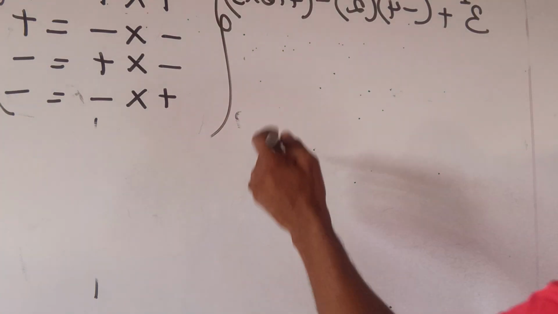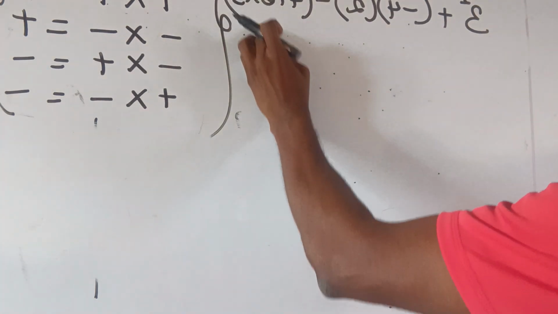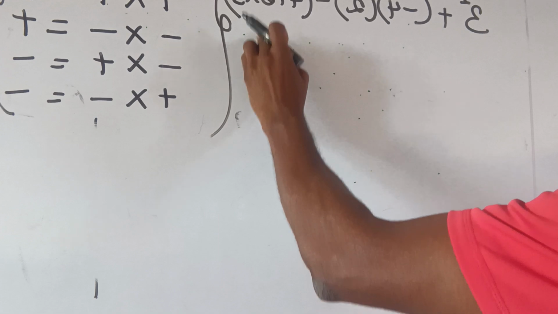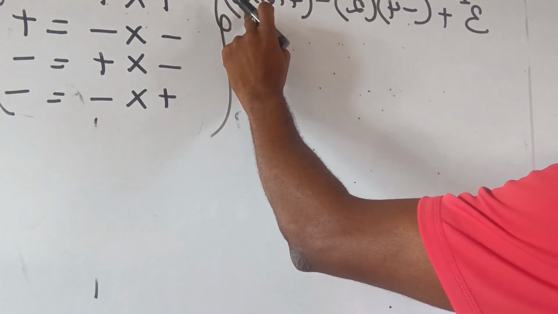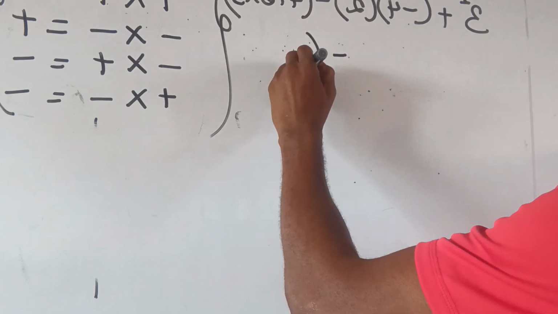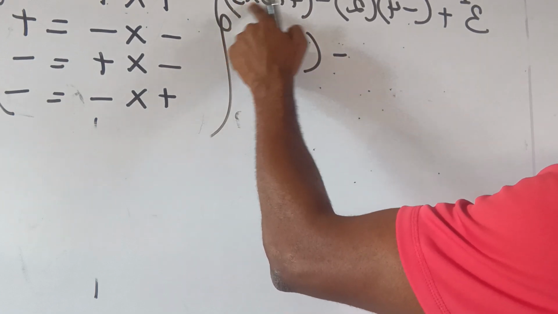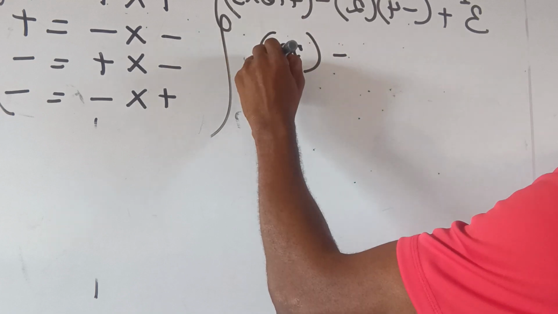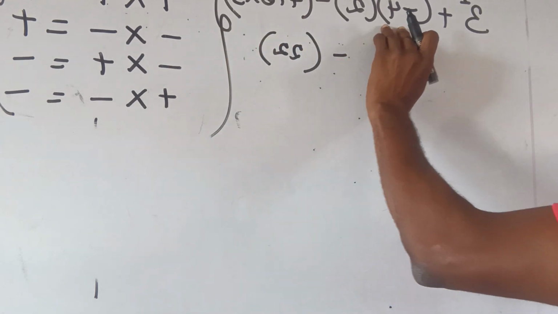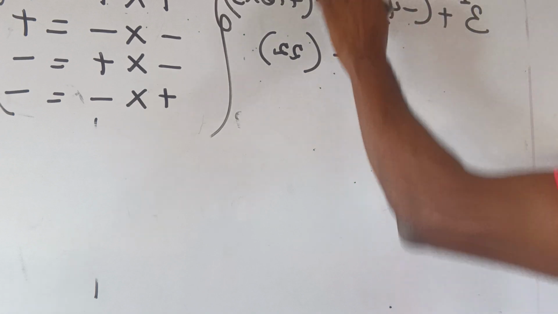So let's bring it down. Taking a good look at this, 6 times 3 is 18. So I will bring it down here. 18 plus 4 is 22. So the same approach here. They are both in brackets.